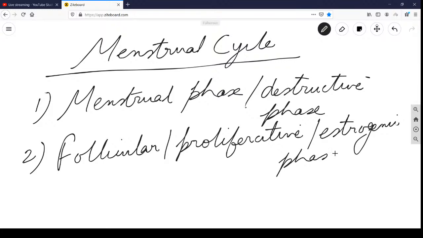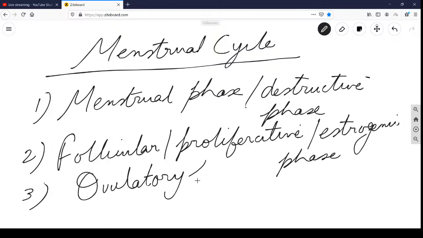Estrogenic phase. Okay. Now number three, you can say, the luteal or secretory or progestational phase. Wait, number three will be ovulatory. That's one day only, day 14.